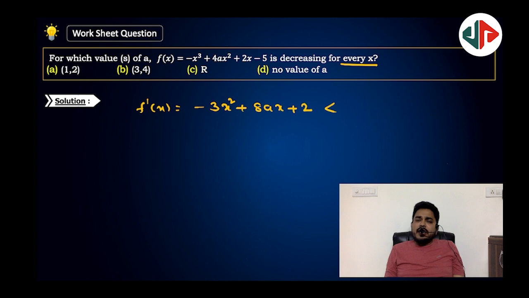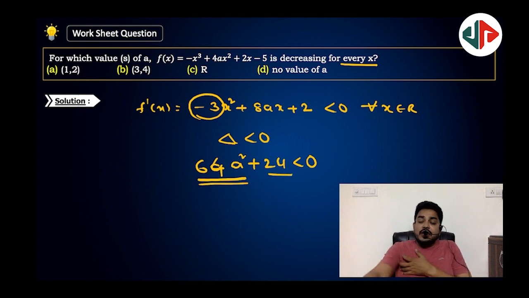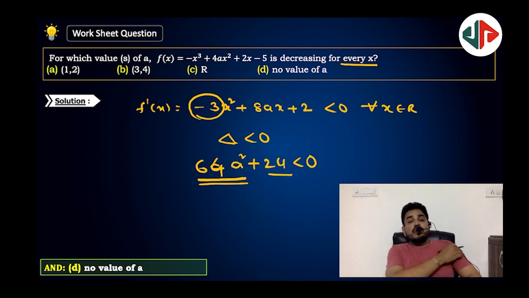Decreasing, so it should be negative for all x belonging to R. The leading coefficient is negative, so delta should be negative. b square minus 4ac: 64a square minus 4 times 3 times 2, which is 24, should be negative. But 64a square is always positive, so it can never be possible. So no real value of a exists for this.